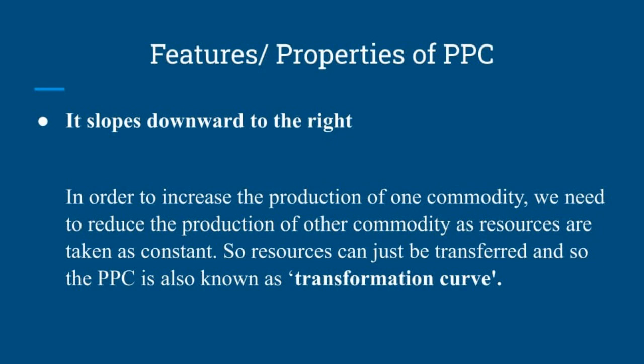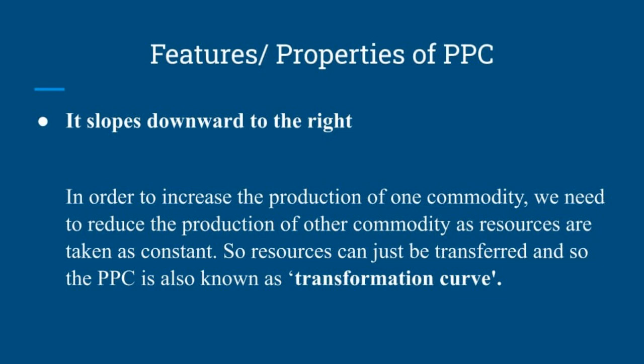While studying the assumptions of the production possibility curve, we have taken different assumptions, like the amount of resources will be kept constant, and we have also assumed that the resources are working at their full capacity. So until and unless we increase the amount of resources, it's impossible to increase the number of units or the production.